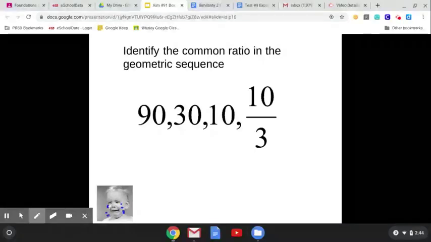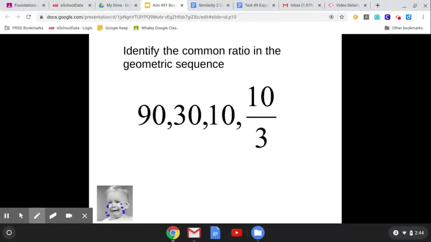Question says, identify the common ratio in the geometric sequence. I notice it's going down, so this ratio is not going to be a number greater than 1. If I'm not sure what it is, just remember, take any number and divide it by the number in front of it.